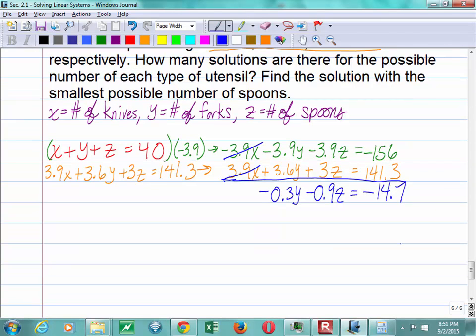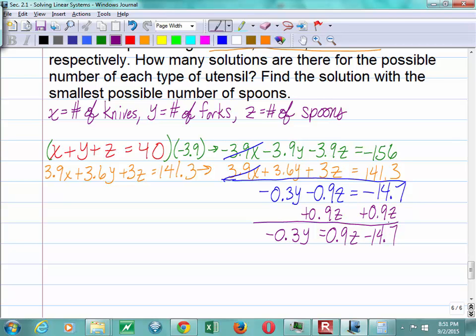So we're going to get y by itself right now. So I'm going to add 0.9z to both sides. So negative 0.3y equals 0.9z minus 14.7. Okay, then divide everything by negative 0.3.